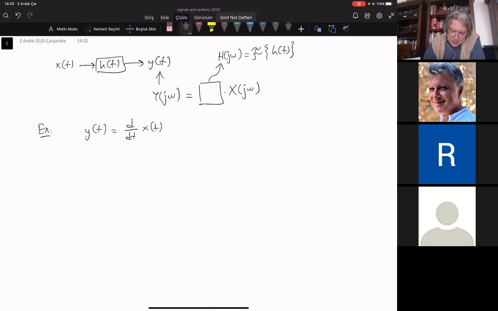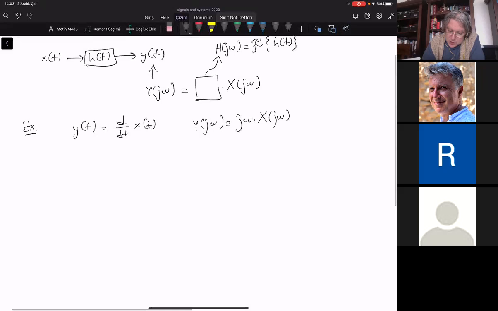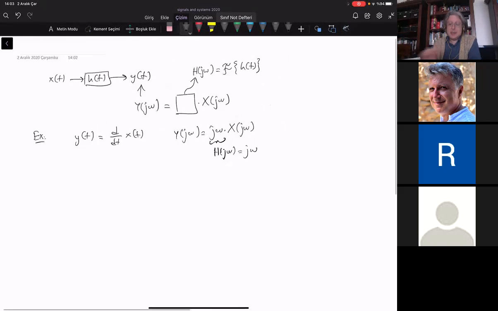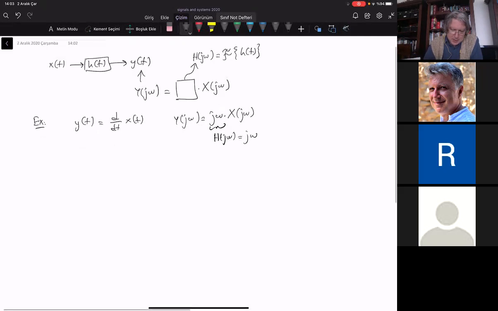Then we see that y of j omega is equal to j omega times x of j omega. That was a property that we have proved before, indicating that this j omega is h of j omega. So this is the frequency response of the system, h of j omega, and it's equal to j omega analytically.